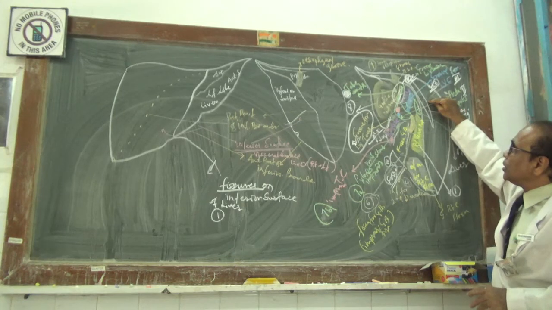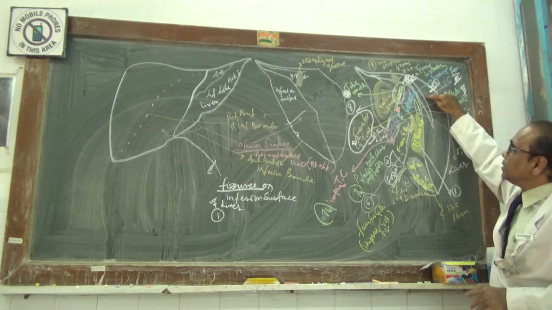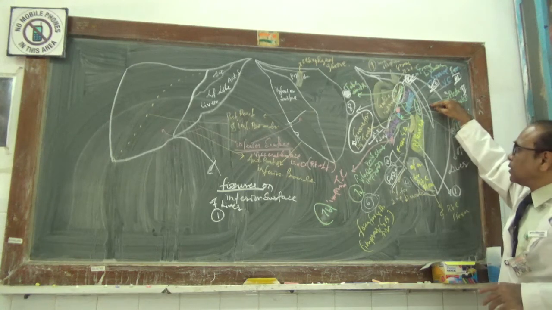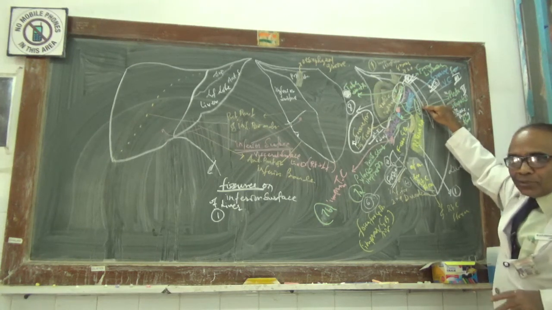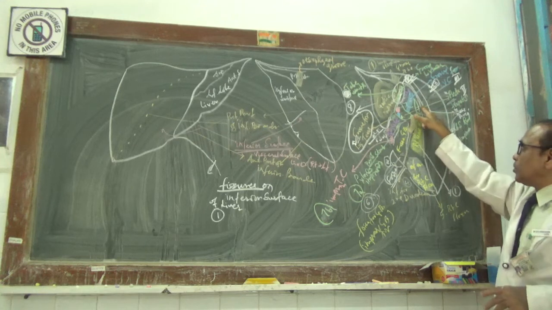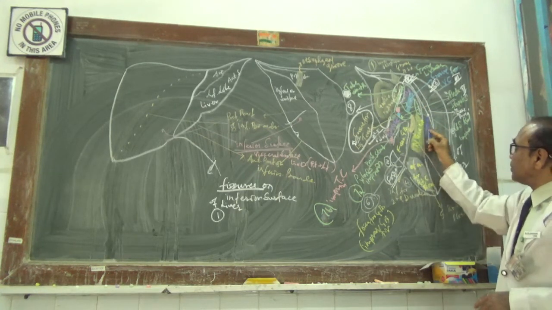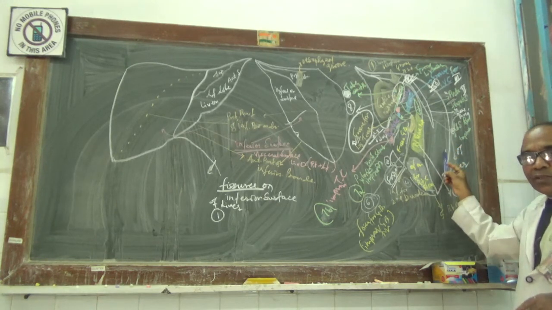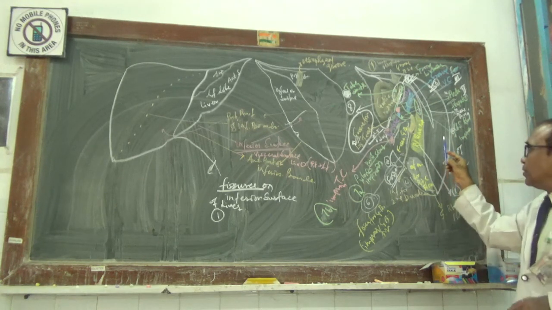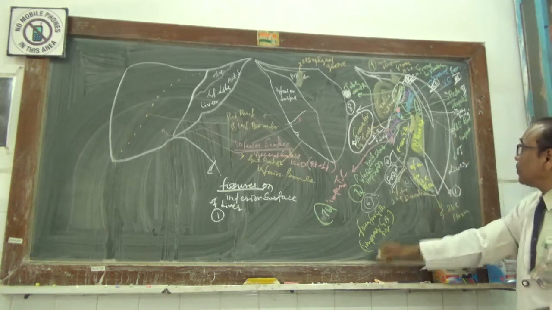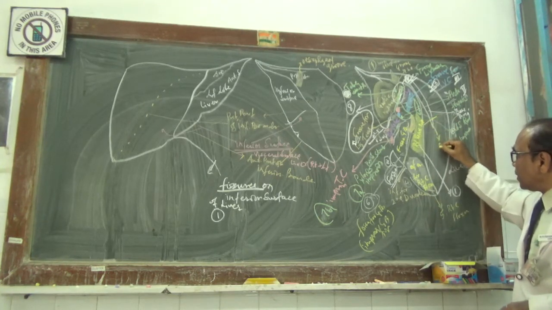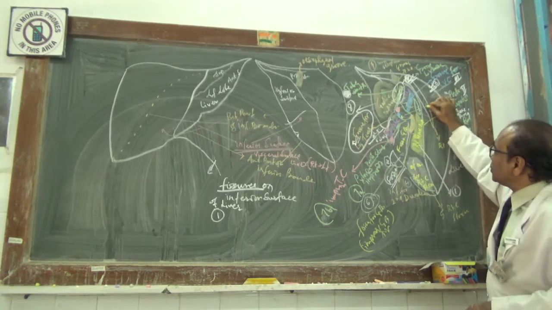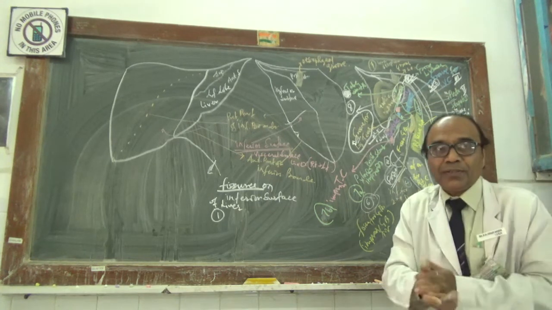This bare area is present between the superior layer of the right coronary ligament and the inferior layer of the right coronary ligament, and to the left it is related to the right triangular ligament. So this portion is the bare area of the liver.